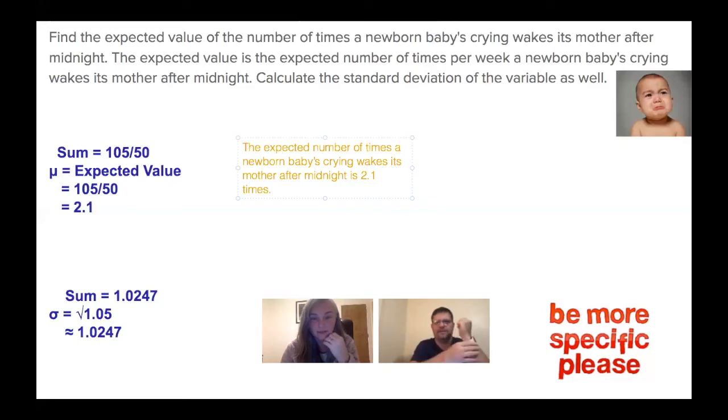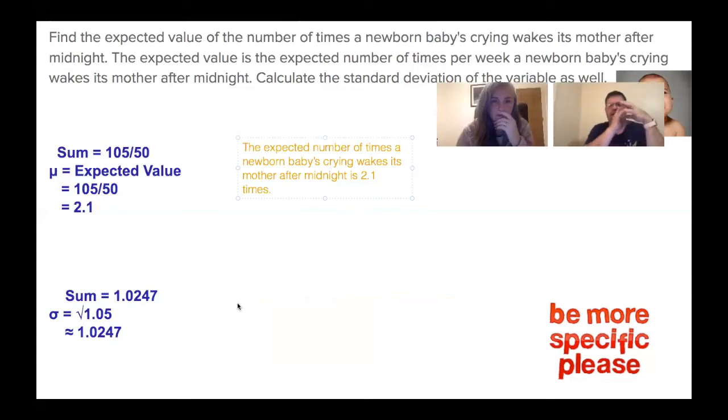Now the standard deviation would be 1.0247, and that would be the standard deviation of how many would vary. Remember we talked about the cars being 22 or maybe 24 or 20. They would vary. The standard deviation of the number of times a baby would wake up a parent would be 1.0247.